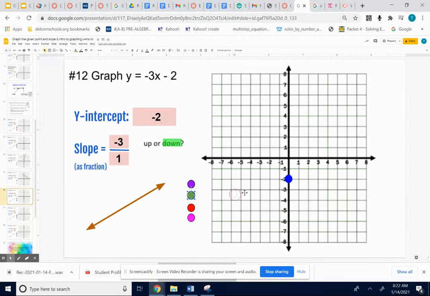So take another point from negative 2 on the y-axis, down 3 spaces over 1. Click. There's my 2 points.